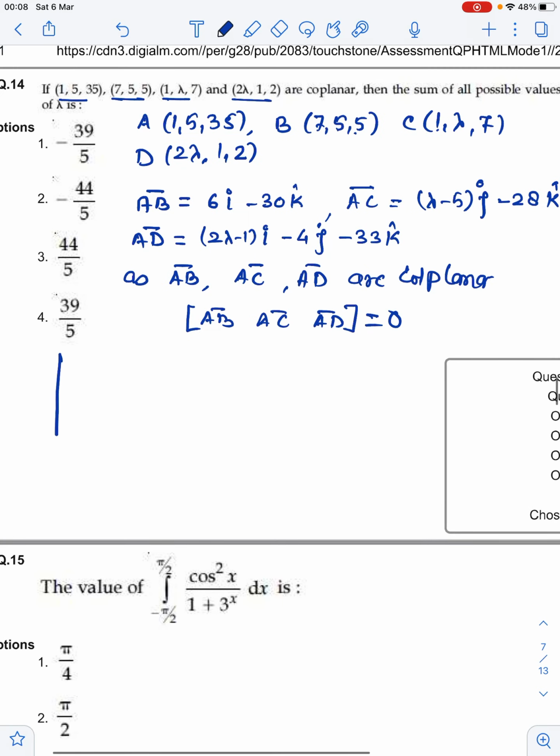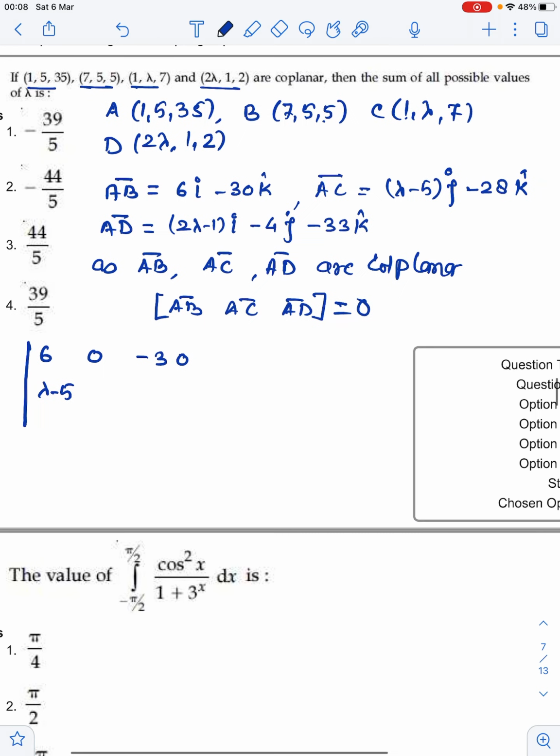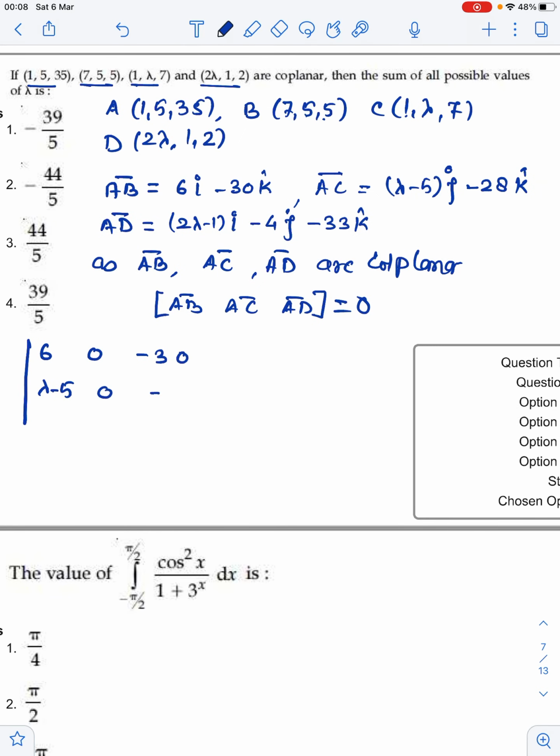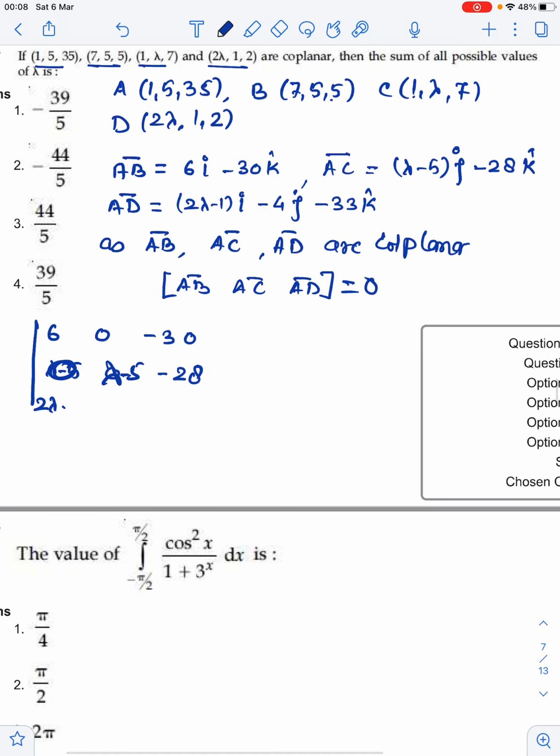Hence the determinant with rows 6, 0, minus 30; 0, lambda minus 5, minus 28; 2 lambda minus 1, minus 4, minus 33 has to be 0.